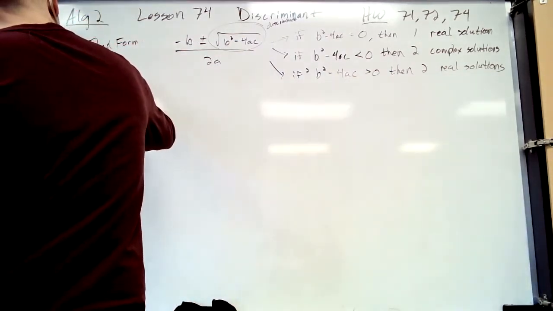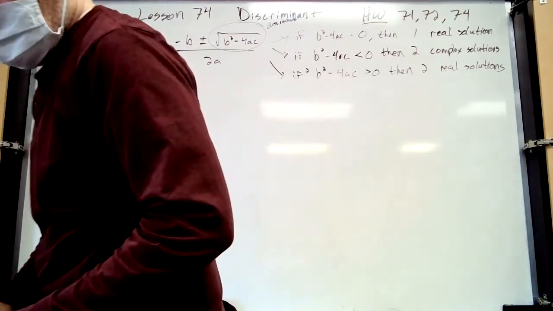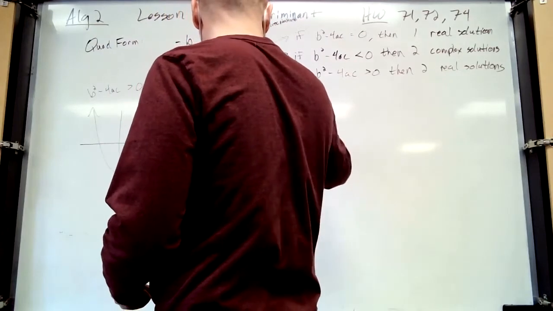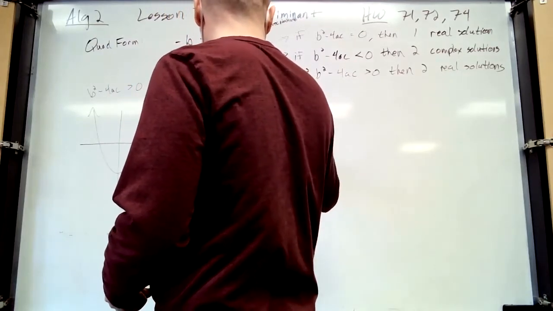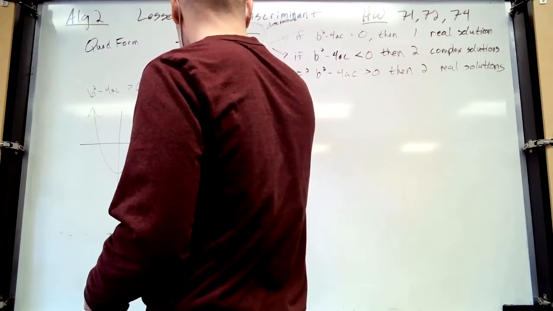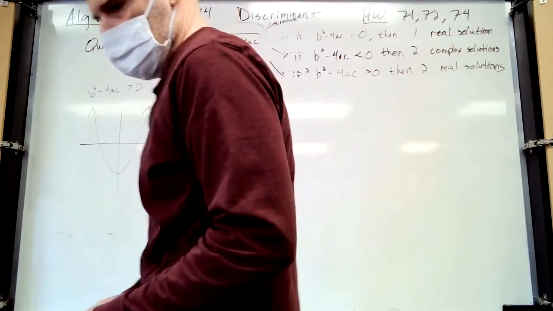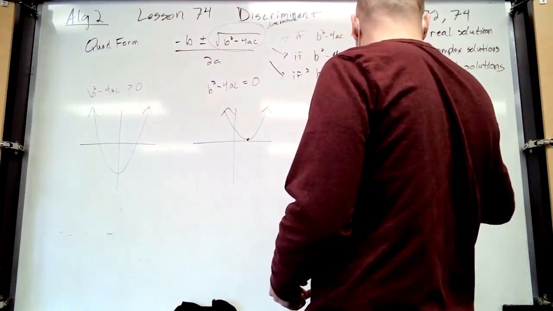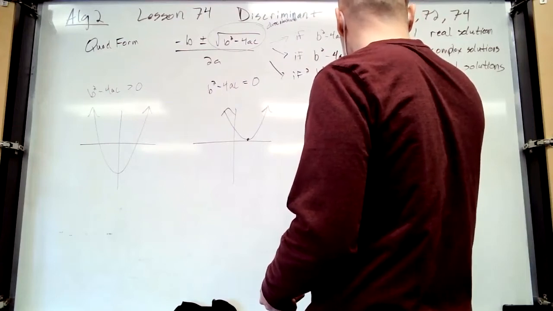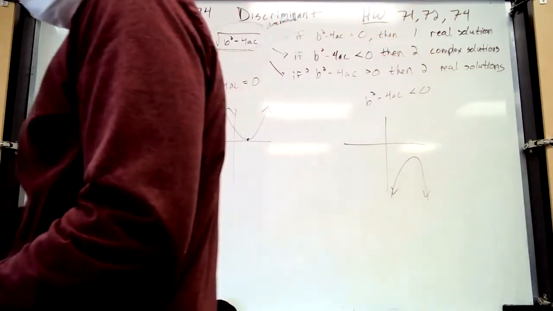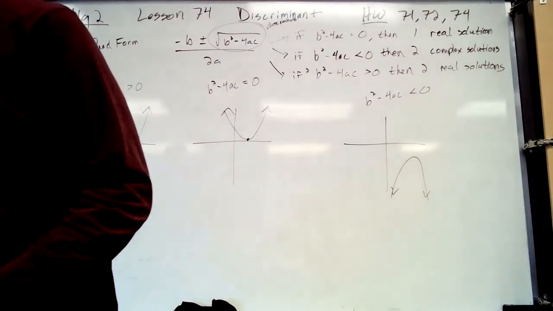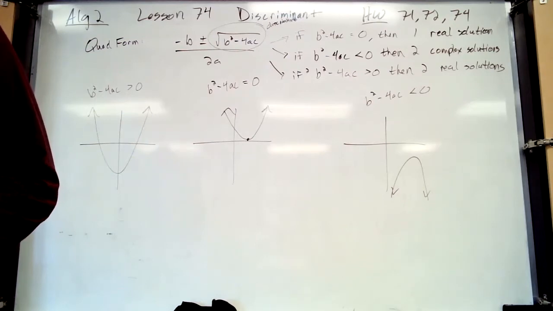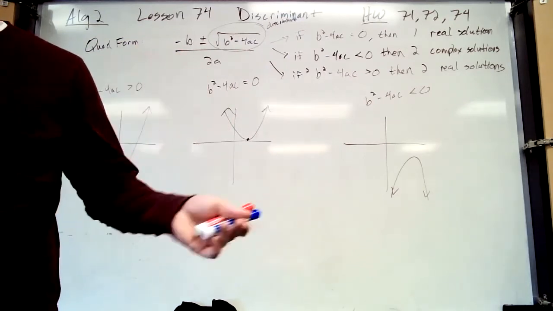Then you might have b squared minus 4ac equals 0. And then you might have something like this. This is b squared minus 4ac is less than 0. Sorry. Okay, so that's what those graphs look like. You don't really need to know the graphs too much, but let's just try some examples.